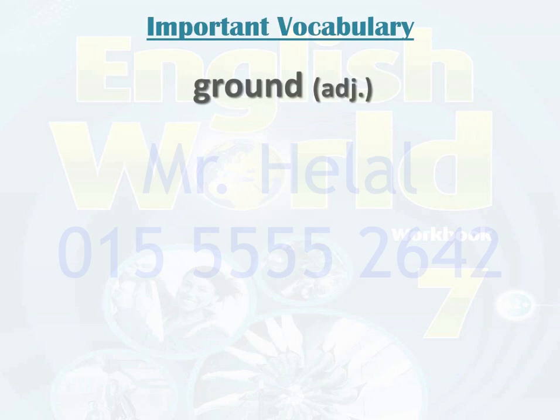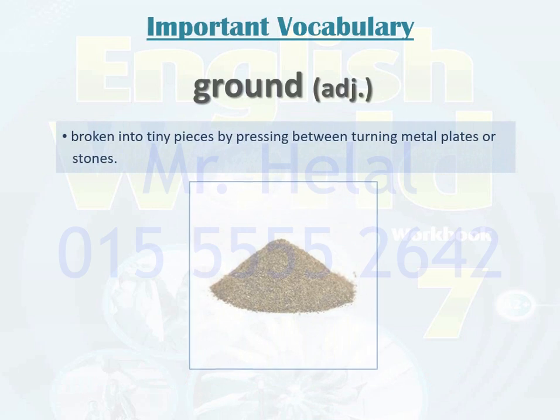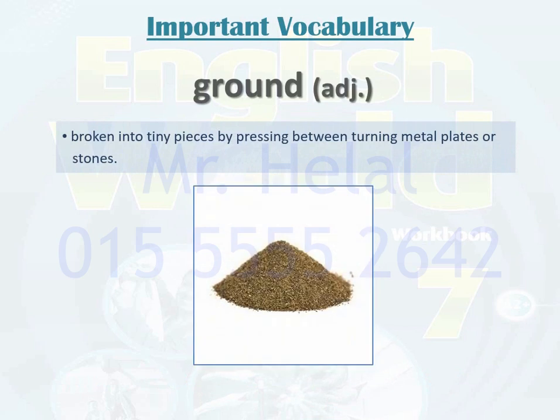Ground: Ground is an adjective which means broken into tiny pieces by pressing between turning metal plates or stones. Ground هي صفة معناها مطحون أو متكسر لأجزاء ضئيلة جدا عن طريق الضغط بين ألواح من المعدن أو من الحجارة.